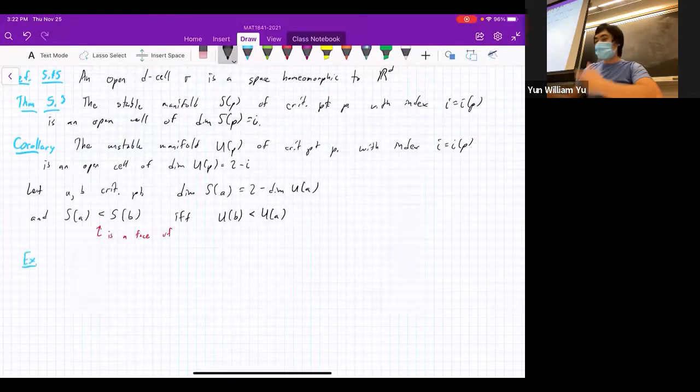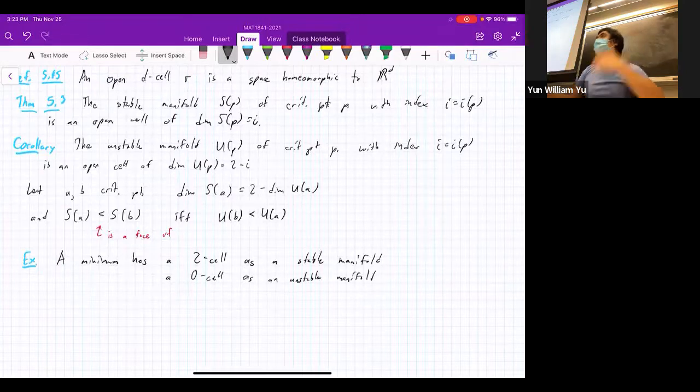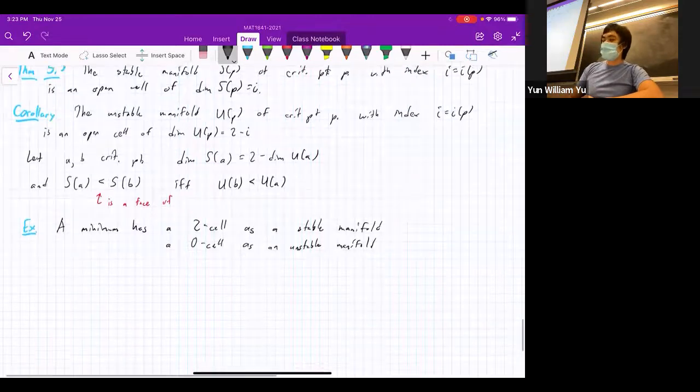and in fact, in the case of 2D, it's pretty easy to classify. So a minimum has a 2-cell as a stable manifold, and a 0-cell as an unstable manifold. And by 0-cell, I just mean the point itself, of course.